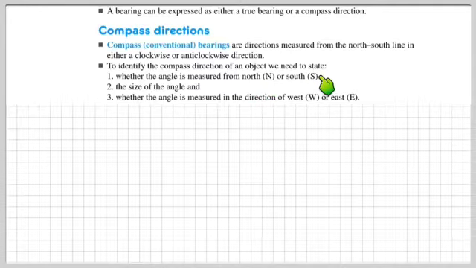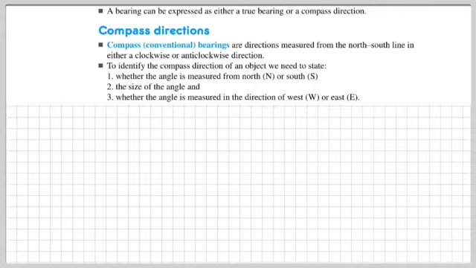Then we need to specify the size of the angle that we are sweeping through from either the north line or the south line. And thirdly, we need to specify whether the angle is measured in a westerly direction from the north-south line or in an easterly direction from the north-south line.